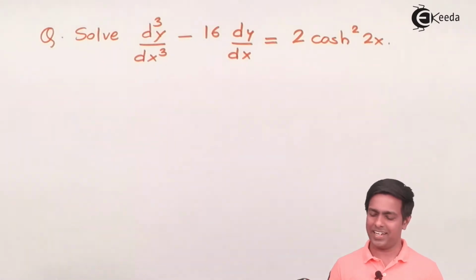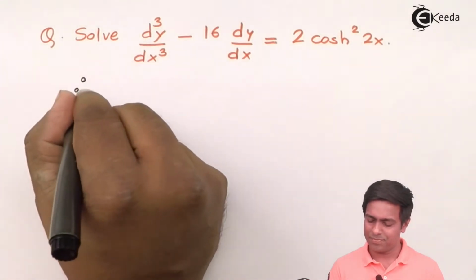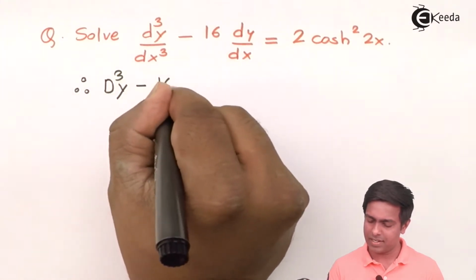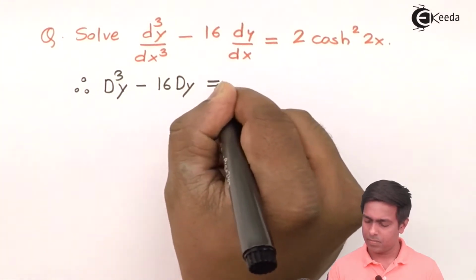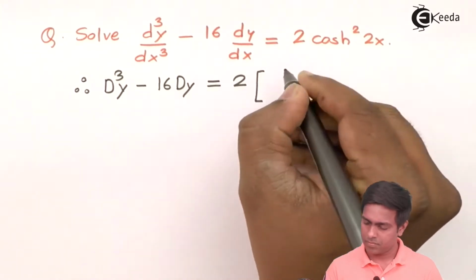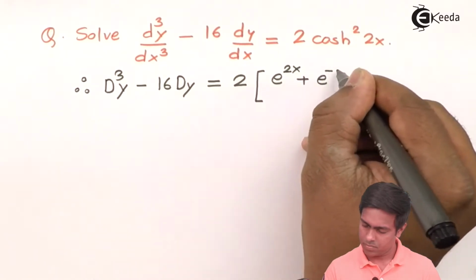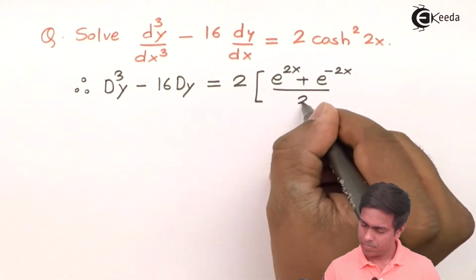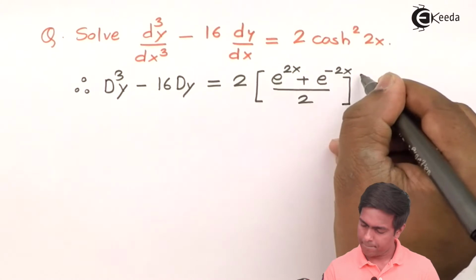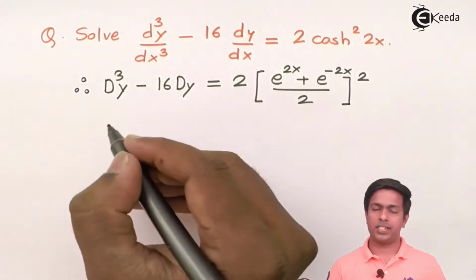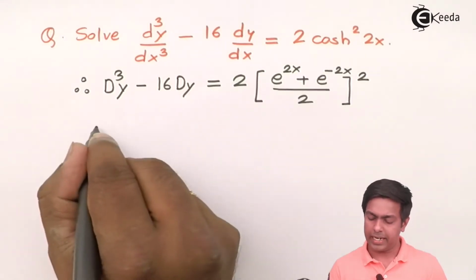So guys, here we'll get, therefore, d cube y minus 16. Now let's simplify this. I can take y common.